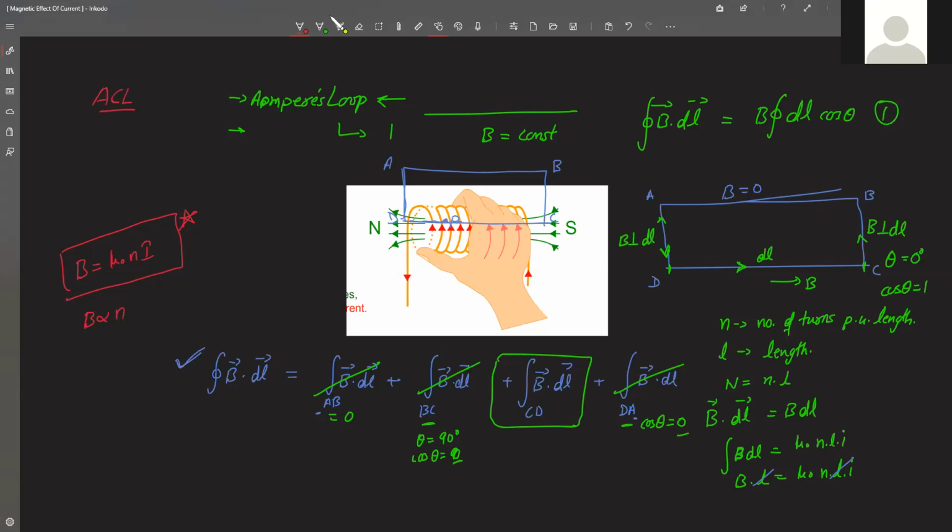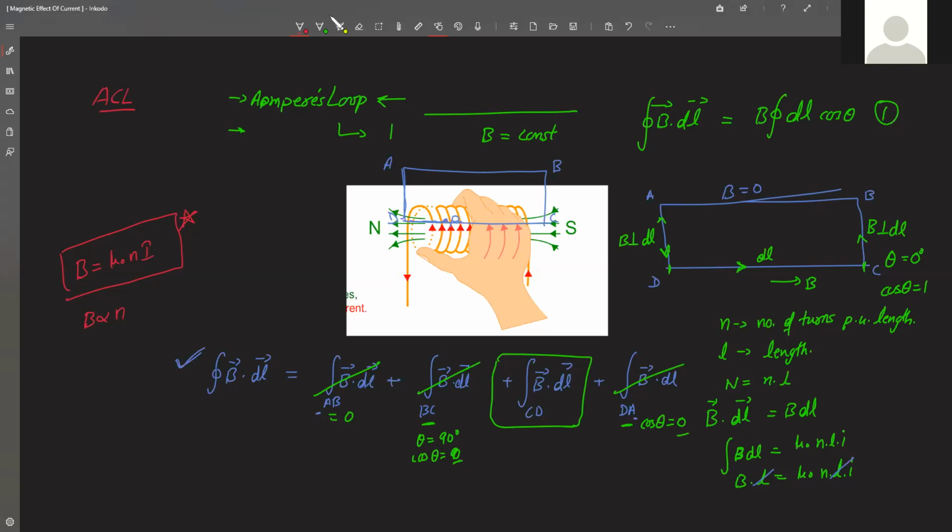So more closely packed turns in a solenoid will give more magnetic field on the axial line. And if they are loosely packed, with a lot of space between the turns, then the magnetic field will be of less strength.